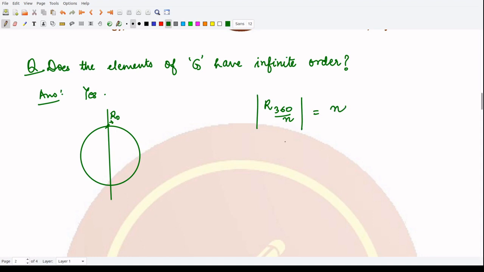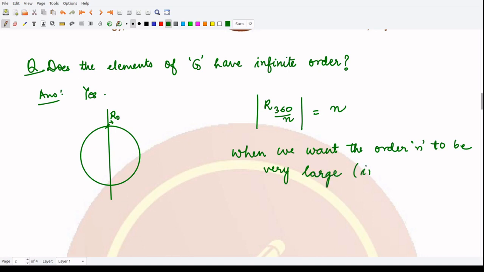So when we want the order n to be very large, which is actually infinite, we can do it by taking limits.